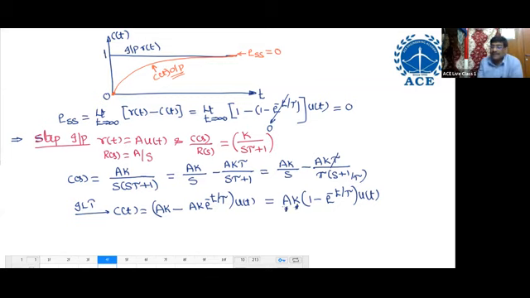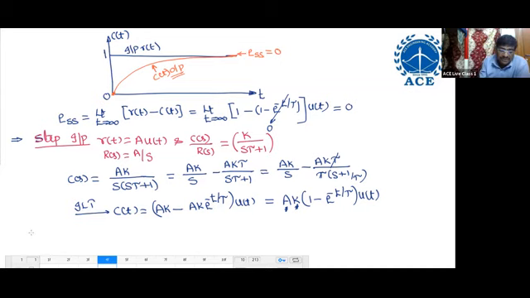Steady state value, for t tends to infinity, you are getting AK. A is called the amplitude of input. K is called the system gain. If it is a closed loop system, then it is the closed loop system gain. If it is an open loop system, then it is the open loop system gain.